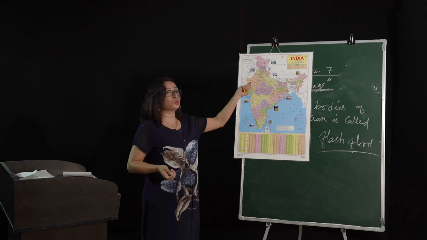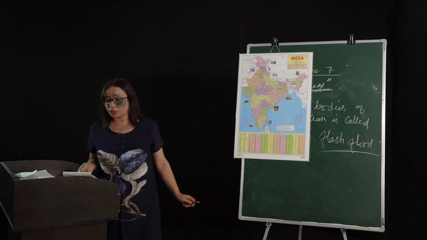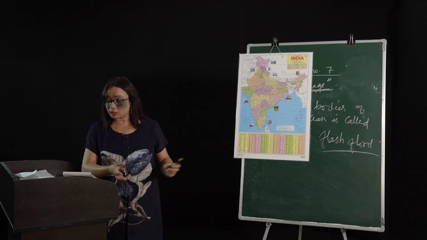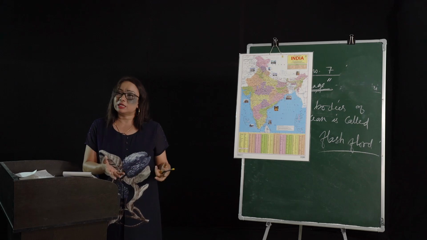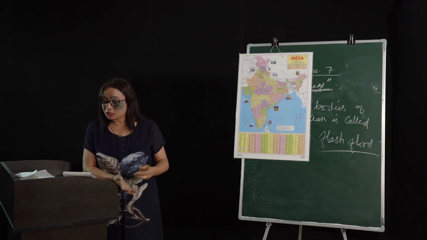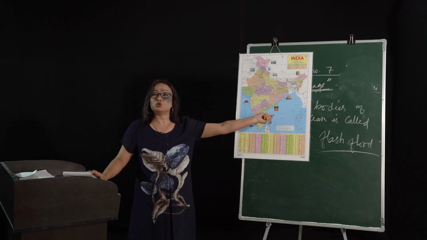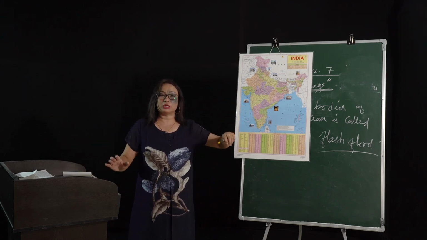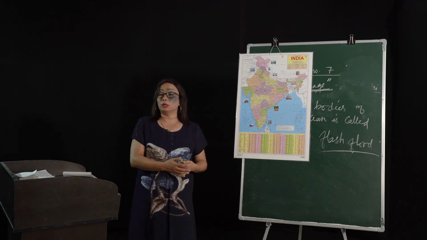So these saltwater lakes are benefited by the flash floods that occur during the rainy season, and they get their water there. Once the rainy season is over, these lakes tend to dry up again. Then when the rainy season comes again, they get their flow of water, and so they have water again.